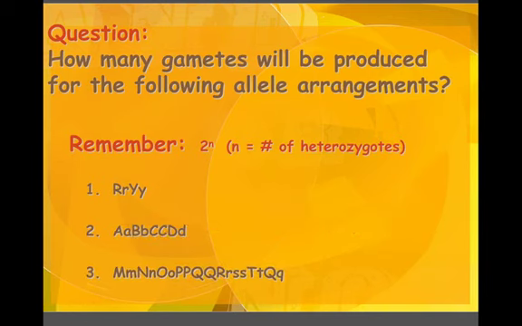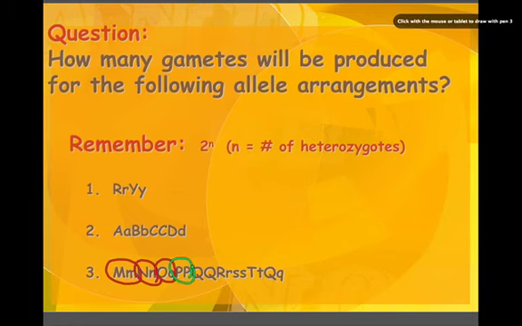If we look at our third example, this is heterozygous, this is heterozygous, this is heterozygous, this is homozygous, this is homozygous, heterozygous, homozygous, heterozygous, and heterozygous.